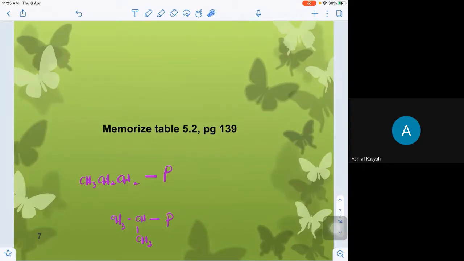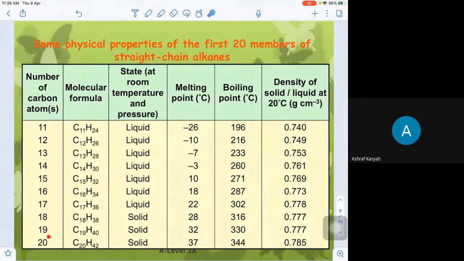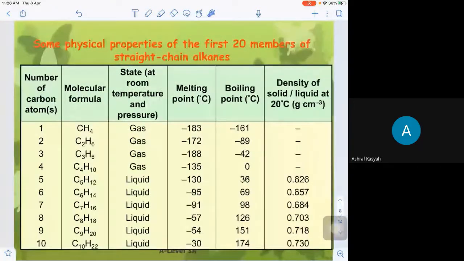Some of the physical properties of the first 20 members of alkane. We have seen this before, from methane, carbon 1 until carbon 10, and then carbon 11 until carbon 20. They are gases at room temperature until carbon 4.